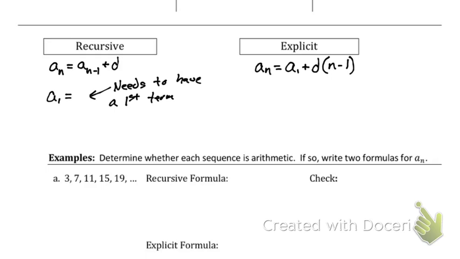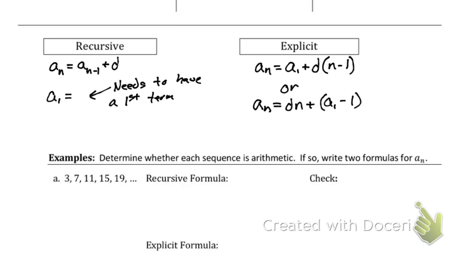Another way to write your explicit formula, and this isn't any different than what's above, is you distribute the common difference to both of these, which would turn into d times n plus a sub 1 minus 1, but it's all coming from the same thing.